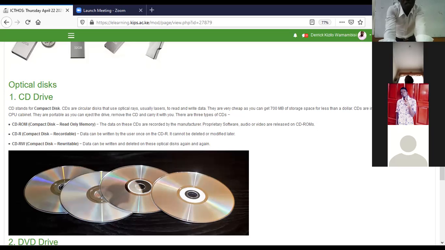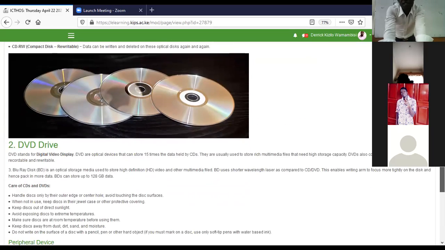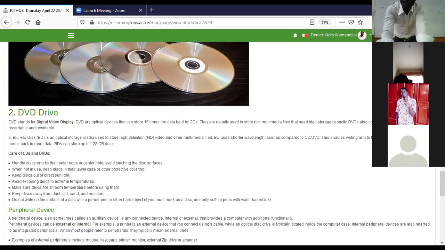Then we go to the DVD drive. A DVD drive or DVD-ROM is also a device that can read data stored on a DVD-R or DVD-RW. If I have data on a DVD-R, DVD recordable, then the device I use to read data on the DVD-R is the DVD drive. A DVD drive can also read data stored on a CD-R and allow me to write on it.